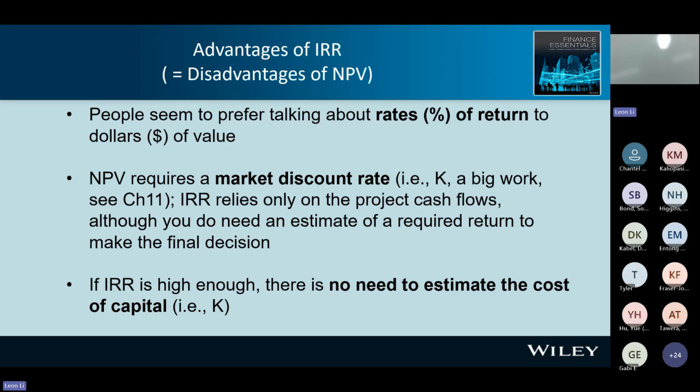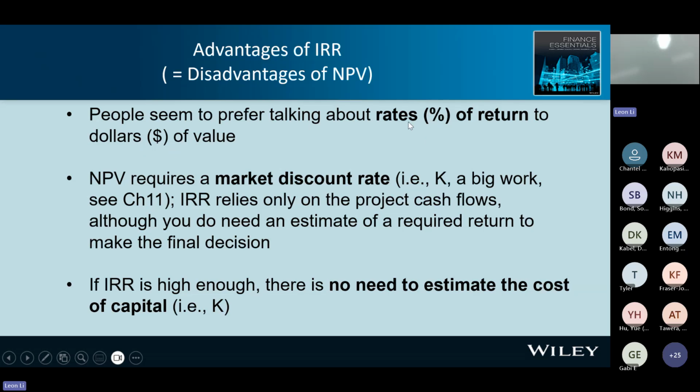Next slide, we'd like to show you the advantage of IRR. Again, I like to highlight the advantage of the other method, and the advantage of IRR will be the disadvantage of NPV. First, people seem to prefer talking about rate, percentage return, to dollars of value.